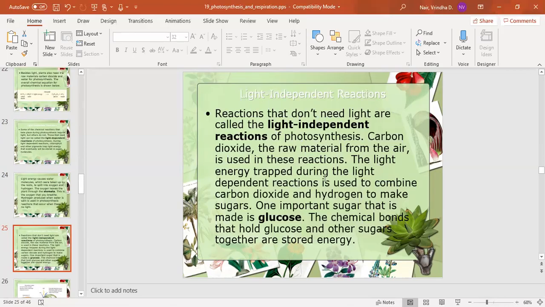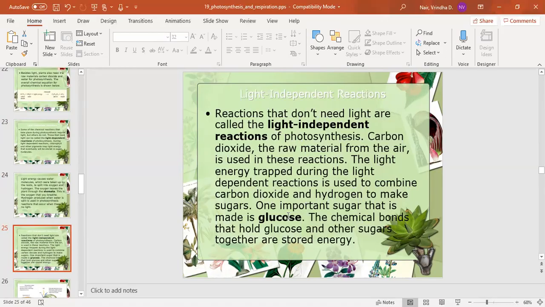Light energy trapped during the light-dependent reaction is used to combine carbon dioxide and hydrogen into sugar. One important sugar that is produced is glucose. The chemical bonds that hold glucose and other sugars together are stored energy. Remember, we learned about potential energy. The stored energy is nothing but potential energy.